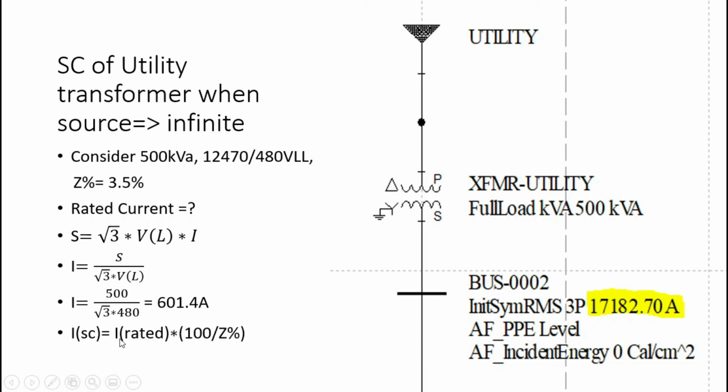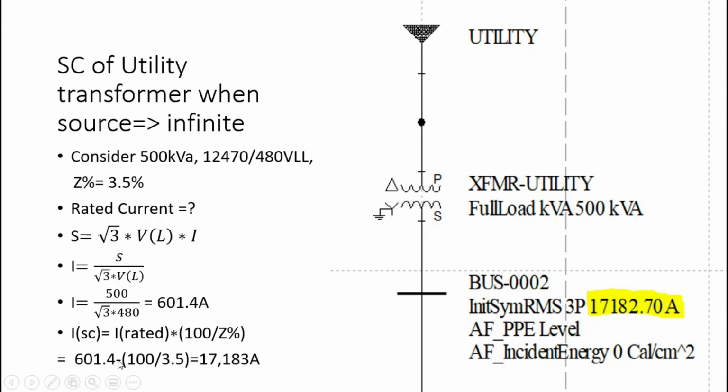Now for the short circuit, the rated current 601.4 will be input here, and the percentage impedance will be entered here. This is the formula of the percentage impedance that I explained in the previous slide. From your percentage impedance, you can calculate how many times the rated current will flow in case of a short circuit at the secondary.